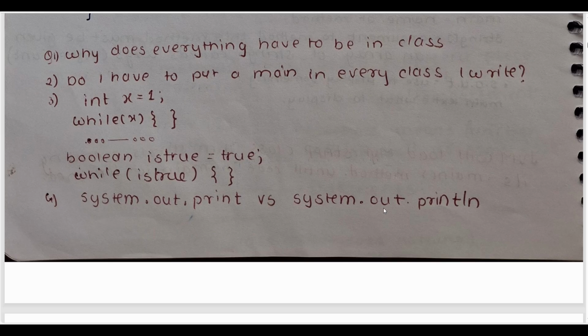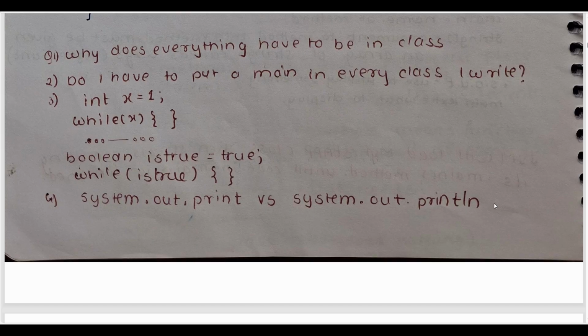Now what is the difference between System.out.print and System.out.println? Here there is an extra part, ln, and both are used to display some content on the screen, but this is just a normal statement that we used earlier in our code, and this ln will print your content on a new line.